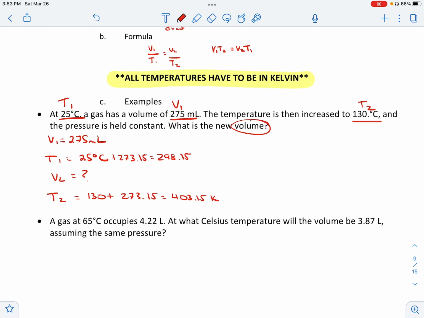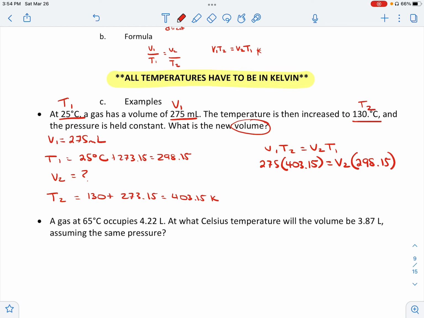So we've already put it in Kelvin, which is what we really needed to do here. Let's move on to our next step. Remember we're going to use this formula: V1 T2 is equal to V2 T1. Notice how the T's are on different sides. So let's start plugging it in. We've got 275 times the second temperature, 403.15, is equal to V2, what we're looking for, times 298.15.